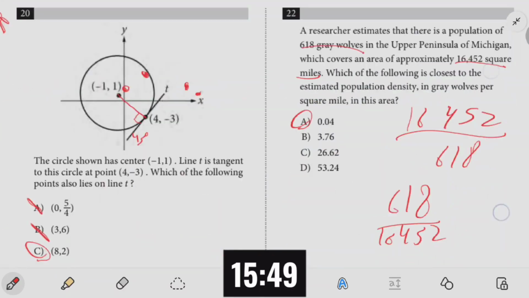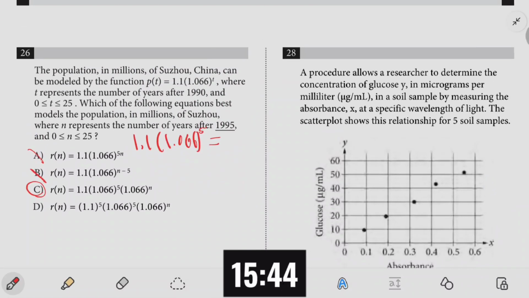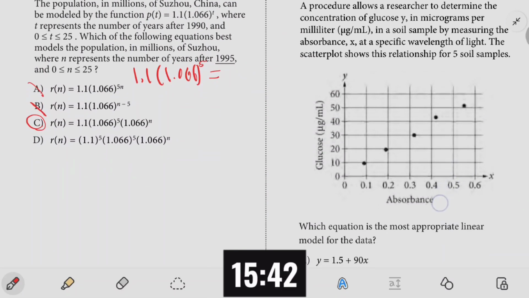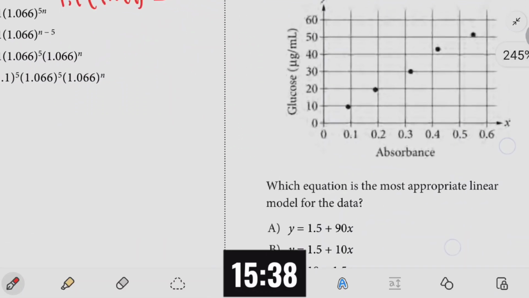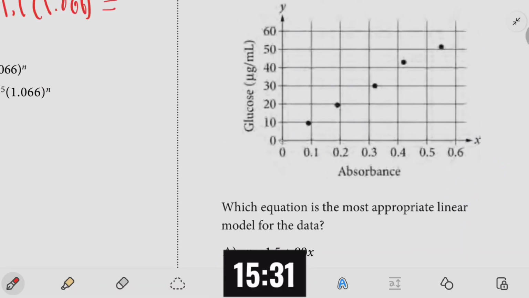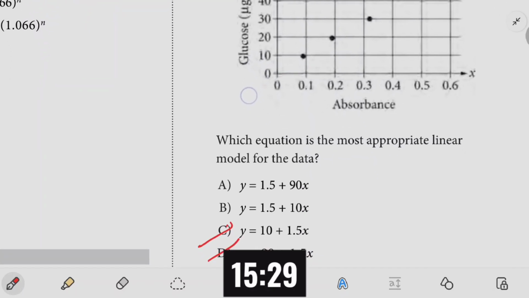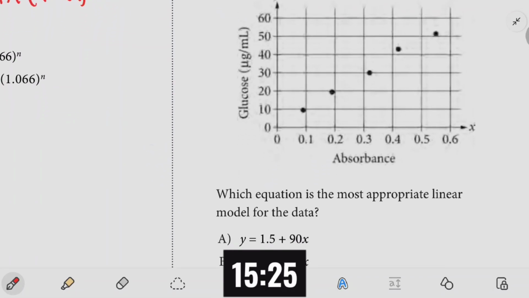Oh my god. Oh my god, most appropriate linear model? No, y-intercepts don't make sense. Rise of 0.1. Okay, rise of 10 over 0.1. 100?